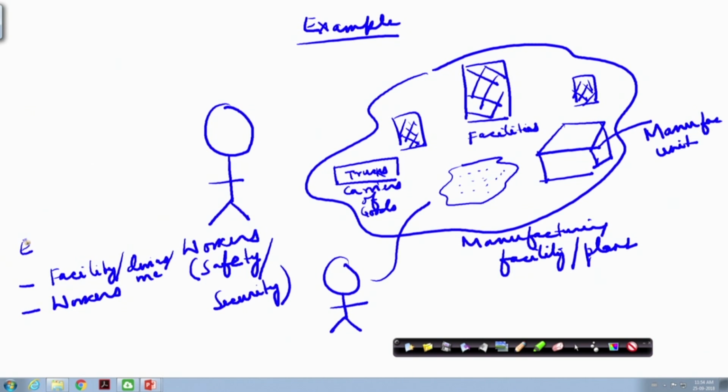So, these are the two main entities in a manufacturing plant. So, you see that you have to monitor and ensure the safety and security of both of these.